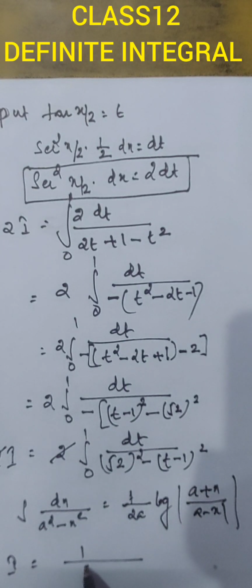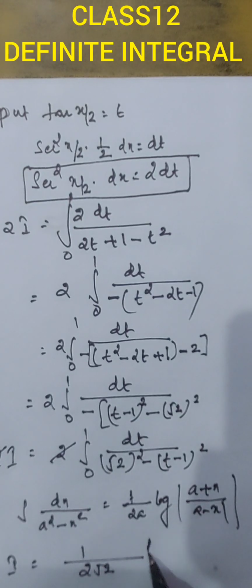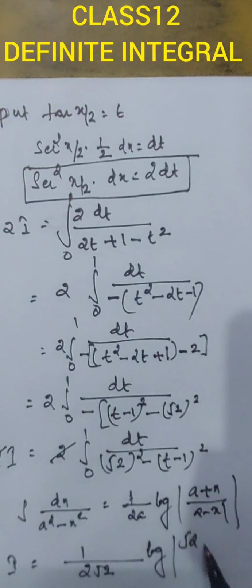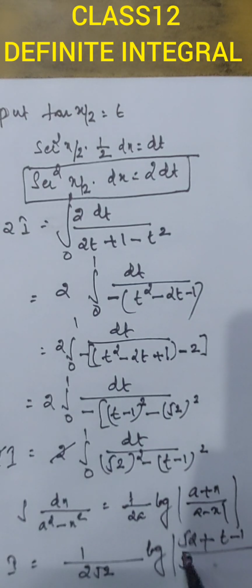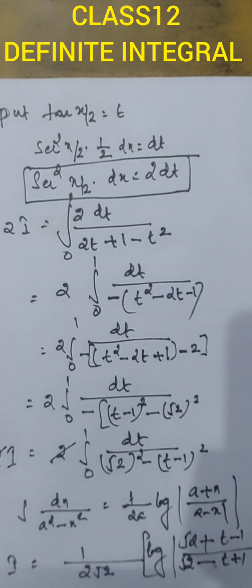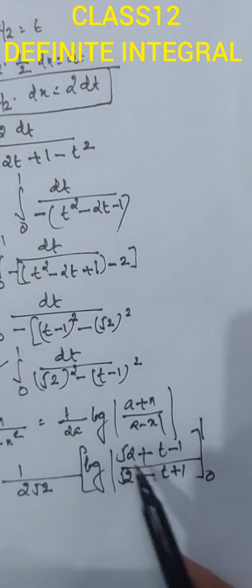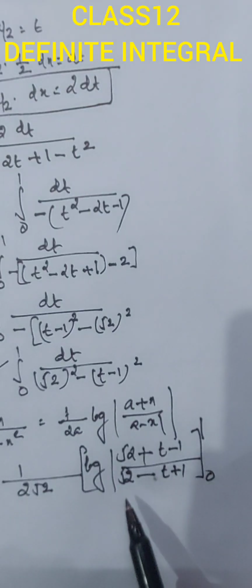So 1 by 2a will be 1 by 2 root 2 into log mod, in place of a it is root 2 plus x, in place of x it will be t minus 1, root 2 plus t minus 1 divided by root 2 minus t minus 1, that is minus t plus 1, with limit 0 to 1. So 1 by 2 root 2 log root 2 plus t minus 1 divided by root 2 minus t plus 1 with limit 0 to 1.